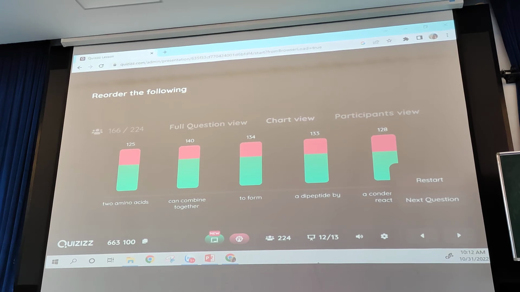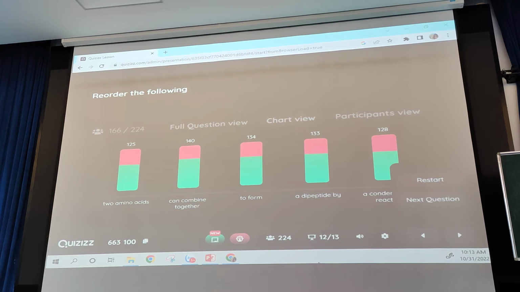So our correct order is: two amino acids can combine together to form a dipeptide by a covalent reaction. This is how many students have the correct answers.